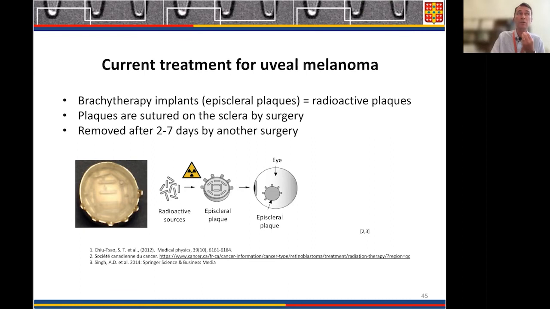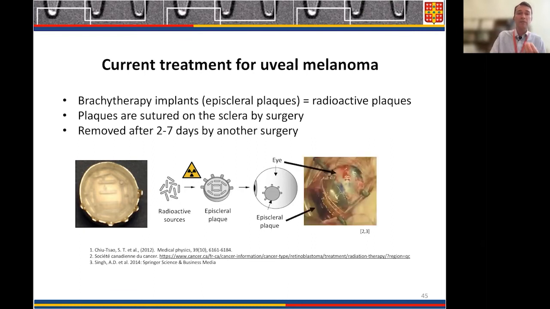And also the cancer does not grow at the same place and not according to the same geometry. So there is a very strong need in the field of brachytherapy to adapt brachytherapy plaques to the specific geometrical characteristics, and also the specifics of the different types of cancer, typical of uveal melanoma.